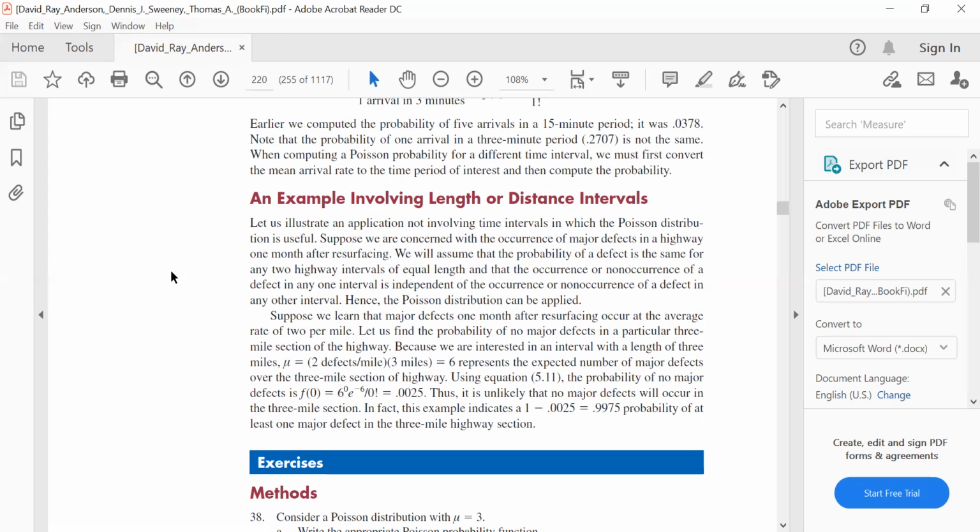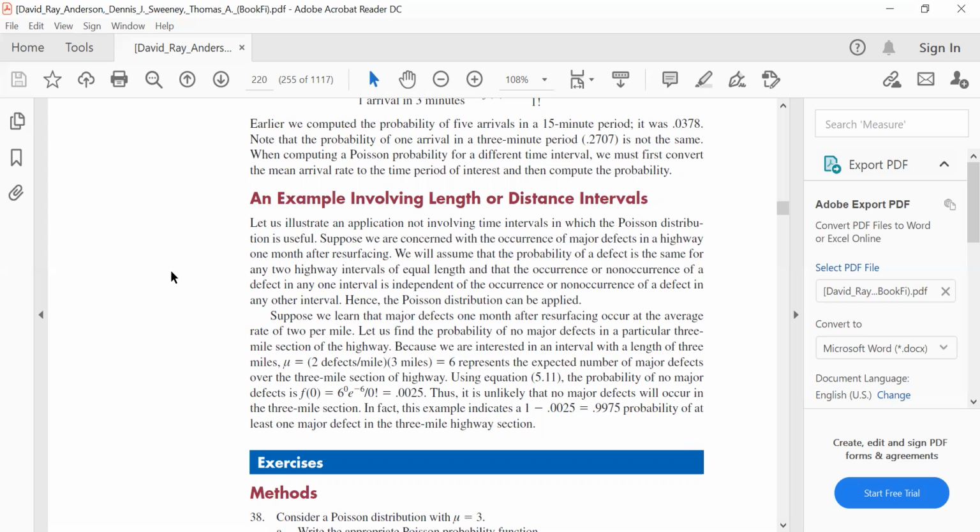We'll assume that the probability of a defect is the same for any two highway intervals of equal length, and that the occurrence or non-occurrence of a defect in any one interval is independent of the occurrence or non-occurrence of a defect in any other interval.